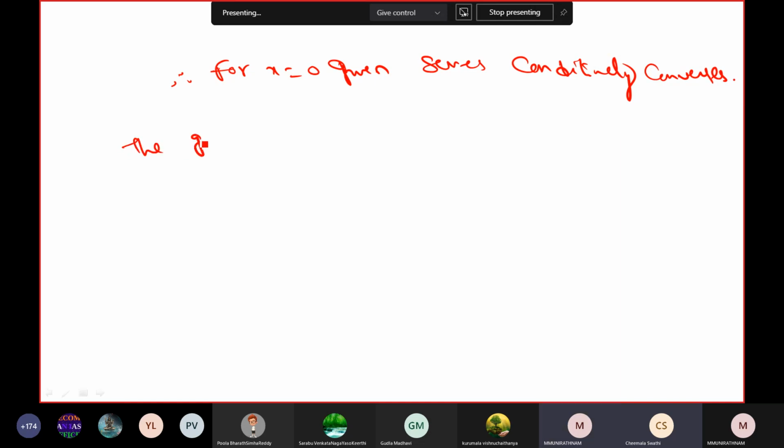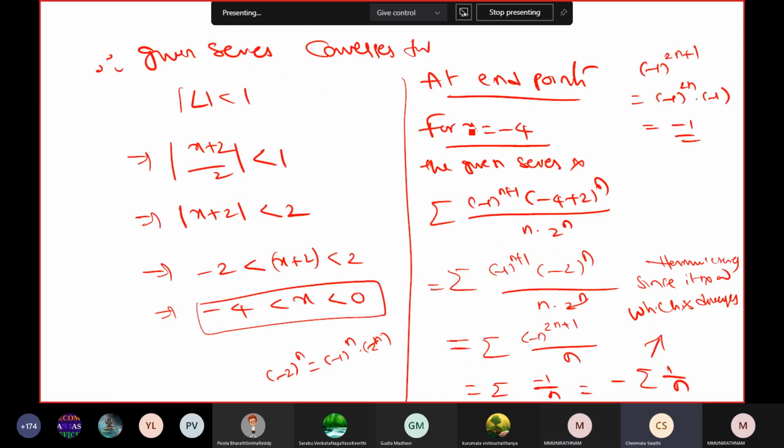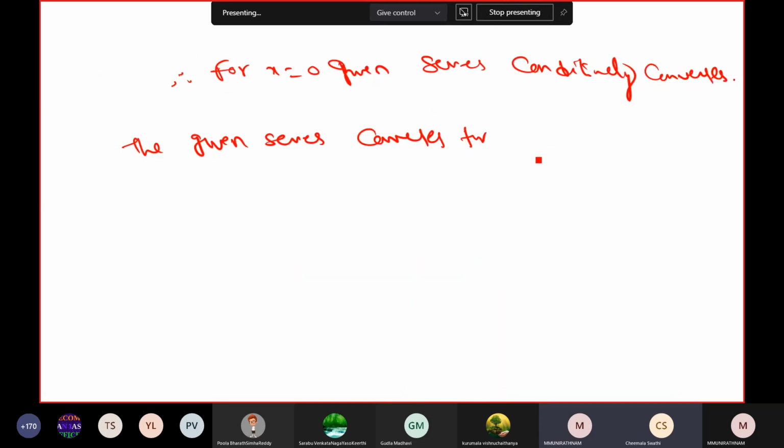The given series converges for... left hand, what happened? Divergence. For -4 it is divergent. So -4 less than x less than 0.